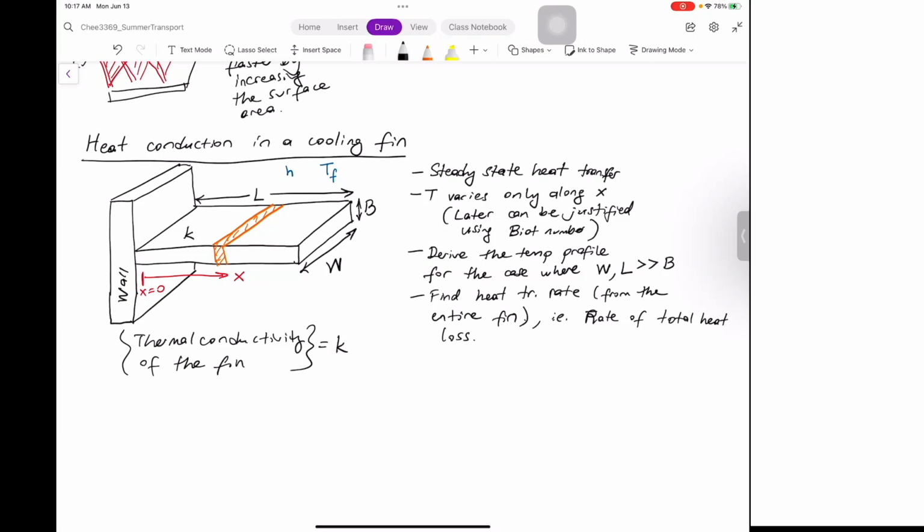Now we're going to talk about how much heat is being input. This is the heat input, the heat entering the fin, entering your shell.